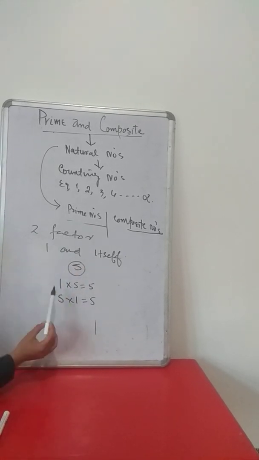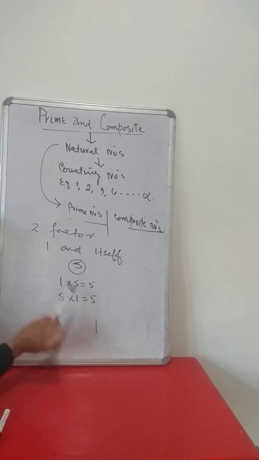Therefore prime numbers are the numbers having only two factors, 1 and number itself.